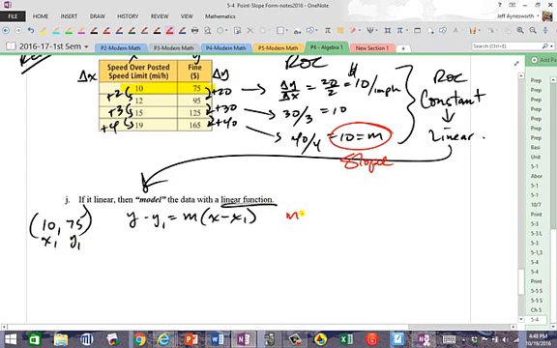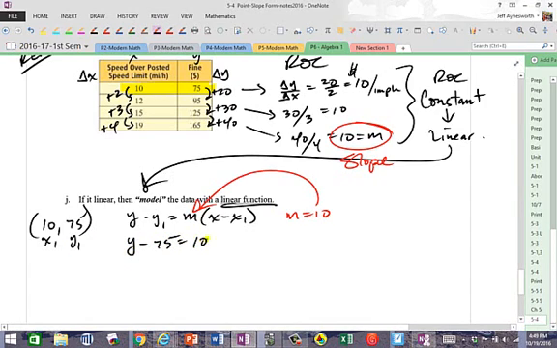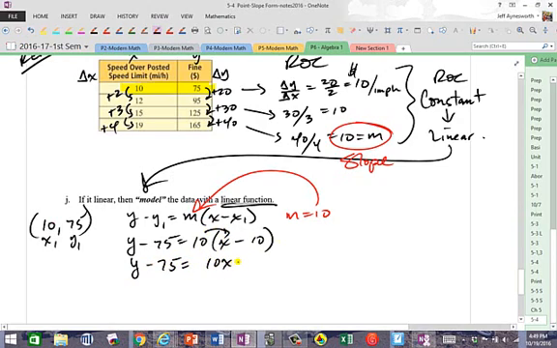That goes in right here. And let's figure out the model for the linear data. So we have y minus the 75 is equal to 10 times x minus the 10. So let's distribute. So we have y minus 75 equals 10 times x minus 10 times 10, which is 100.